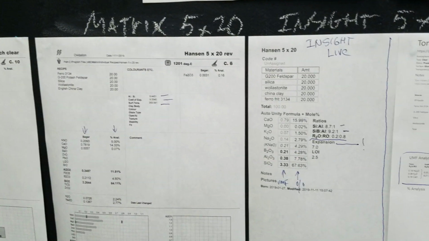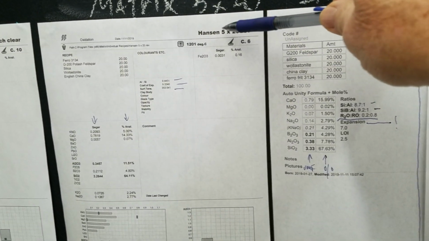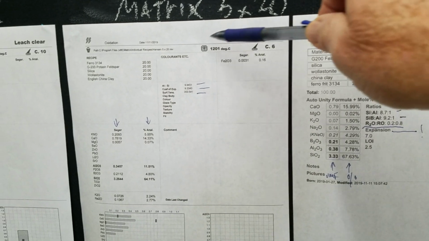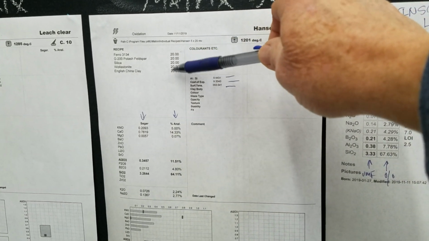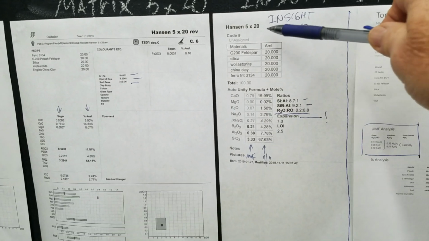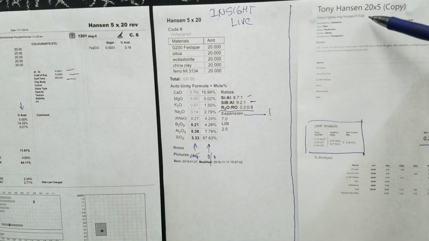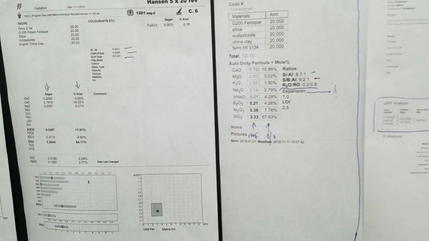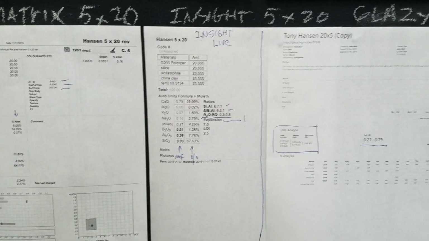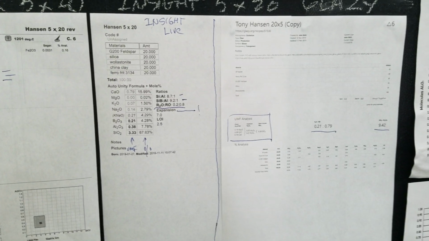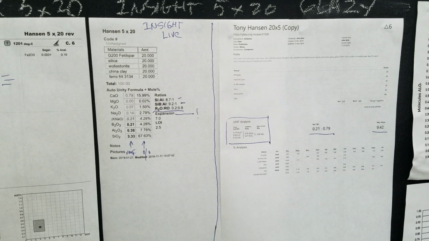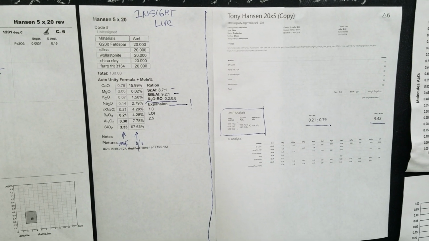Now what I did was I programmed in the Hansen 5x20 with the same ingredients, G200, etc. Then I did it in Insight and I did it in Glazy. And all these numbers are slightly different. That is because it depends on what analysis they've loaded into their machine to print these numbers out.